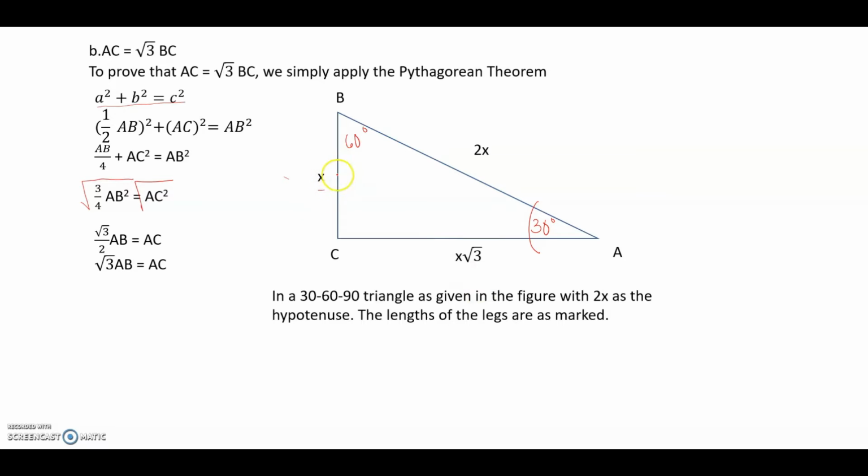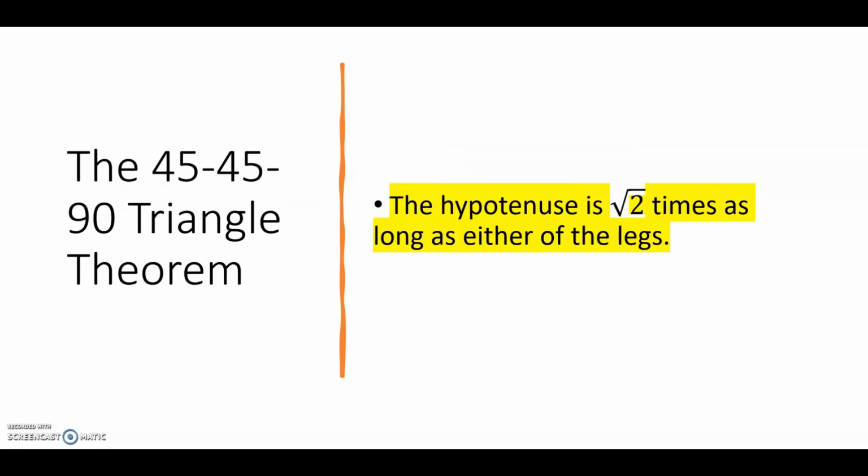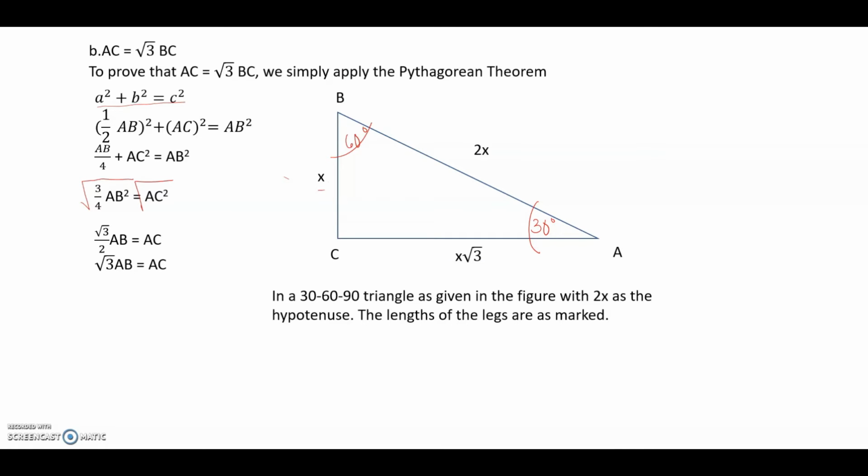So whatever the length of the side opposite 30 degrees, it will just be multiplied by square root of 3 for the side opposite 60 degrees. So that is for the 30-60-90.